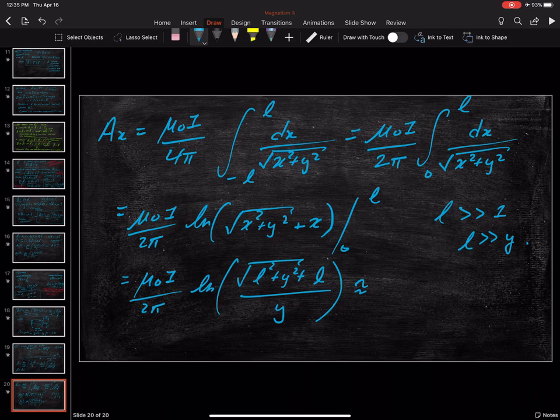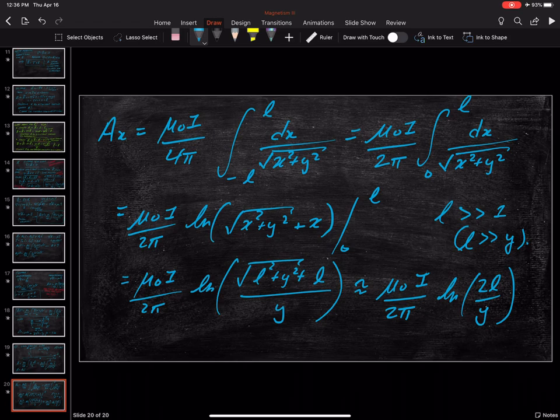We're going to assume that, because again, it's a long wire and I'm imagining I'm not going too far away. This is pretty much mu naught I over 2 pi times the natural log of 2L over y. And so that's the answer.